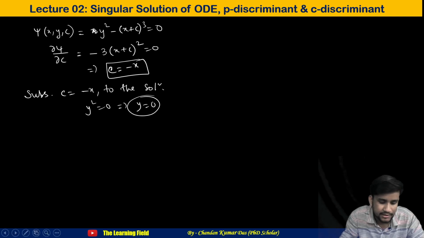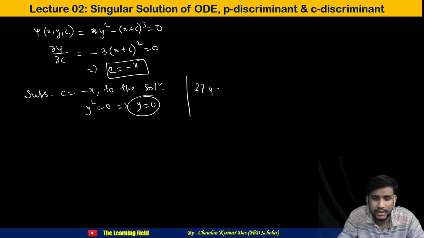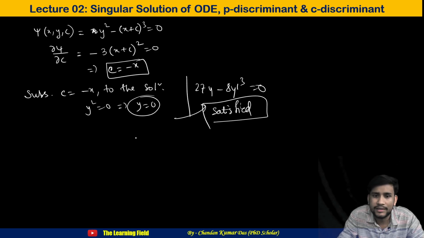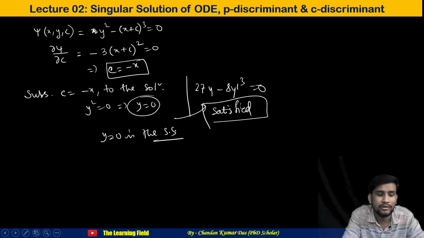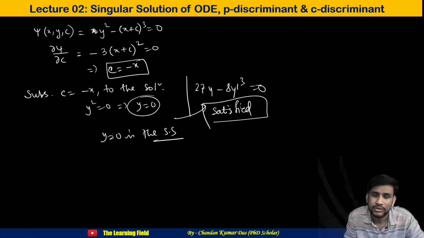So what is the given equation? The equation is 27y minus 8 y dash cube equal to 0. Is it satisfied? That means y equal to 0 is the singular solution.